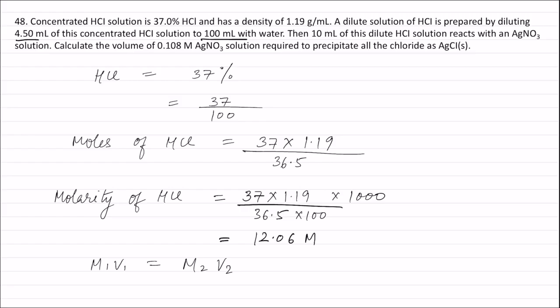Now here M1 is equal to 12.06 into V1 is equal to 4.5 milliliter, or 4.5 divided by 1000 liters, and this is equal to M2 into the new volume is 100 milliliter, or 100 by 1000 liters. Solving this, the molarity of the 100 ml solution will be equal to 0.5427 M. Now the solution of HCl having molarity 0.5427 is treated with AgNO3 solution.